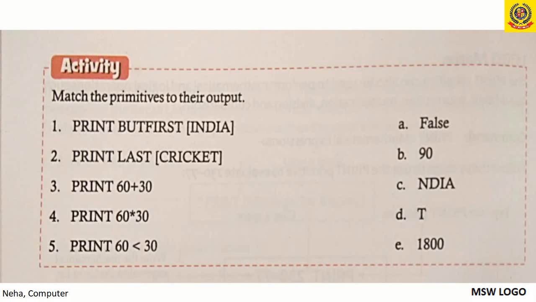The answer would be I. Second, print last, cricket, and the answer is T. Third, print 60 plus 30 and the answer is 90. Fourth, print 60 into 30 and the answer is 1800. Fifth, print 60 less than 30, it's false.